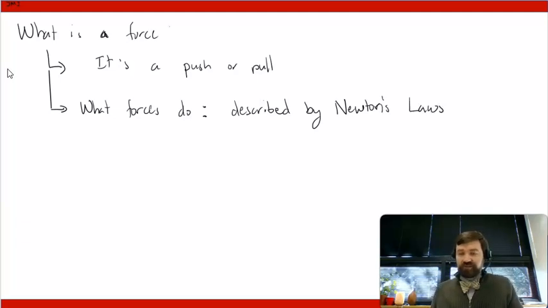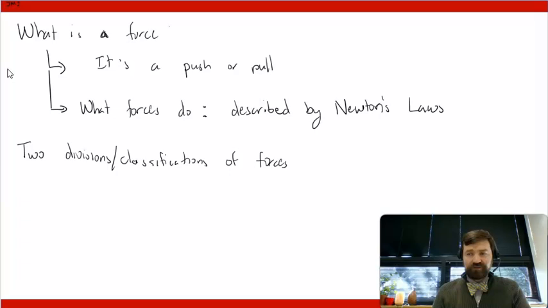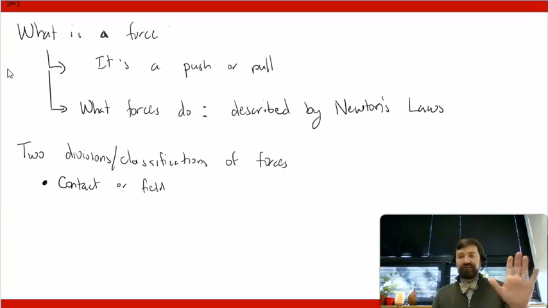Before we get into Newton's force laws, it's worth noting that there are two ways of dividing forces. The first way to divide forces is by how they operate, meaning are they contact or field? A contact force, if I push on something, that's a contact force.